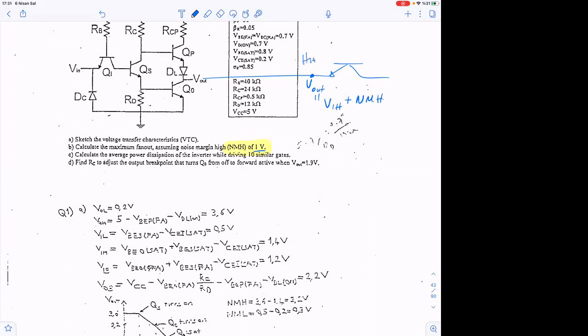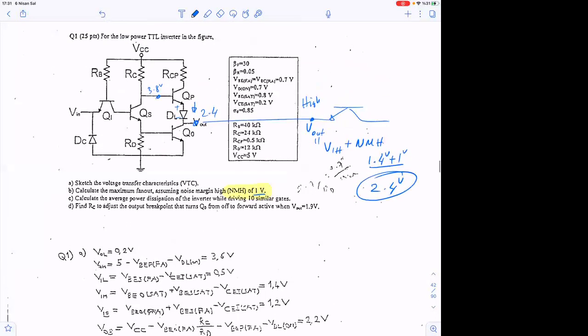So for this high case, V input high is 1.4 volts plus 1 volt, so this is 2.4 volts. We need to put 2.4 volts here and then calculate the current coming from here. That value is going to be 2.4 plus 0.7 plus 0.7, so 3.8. So 3.8 volts will be here.